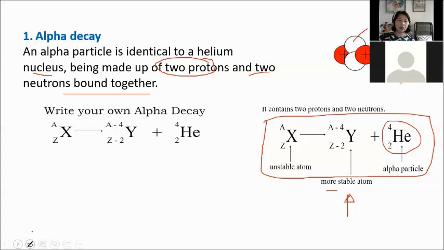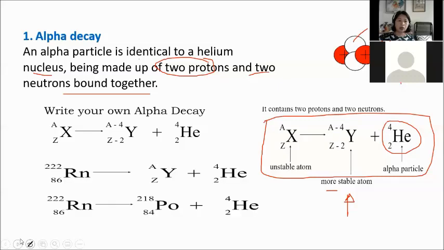So we have this example. So yan ang rule. We have Rn, radon, 222 with atomic number 86. So what is Y? What is A? What is Z? So emitting alpha particle. Okay, so alam natin yan, 4, 2 helium.